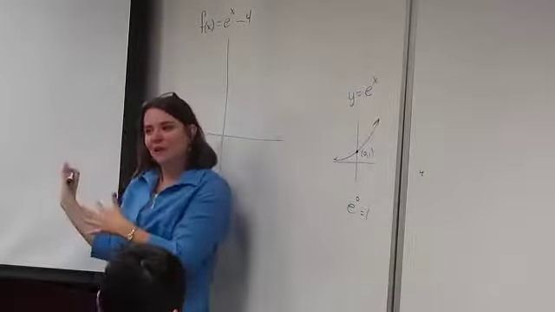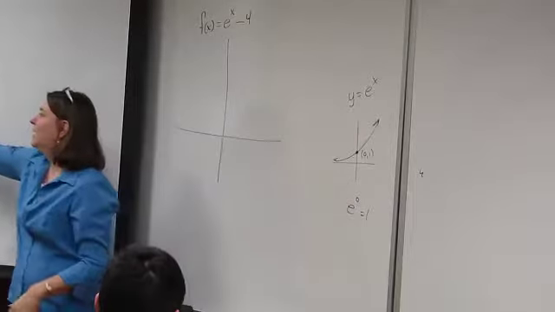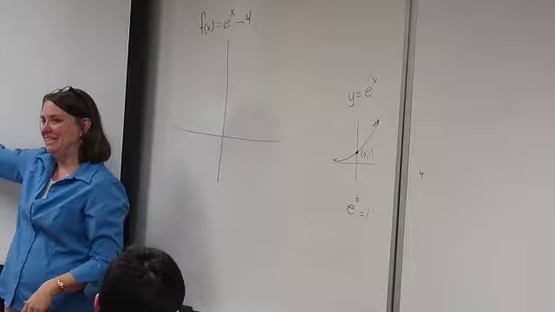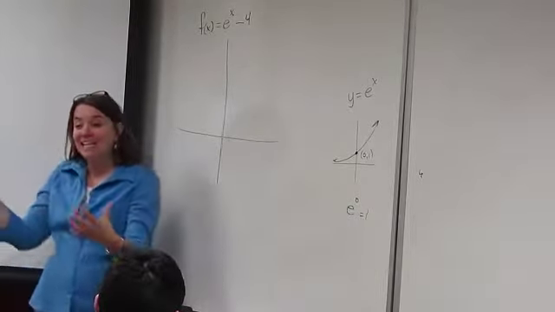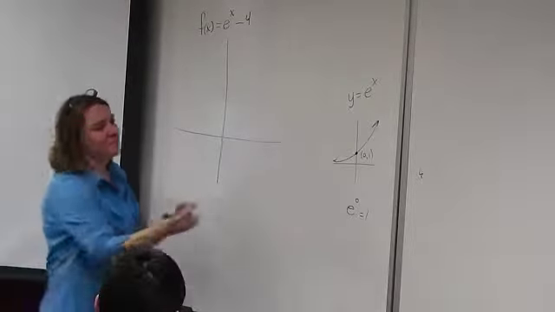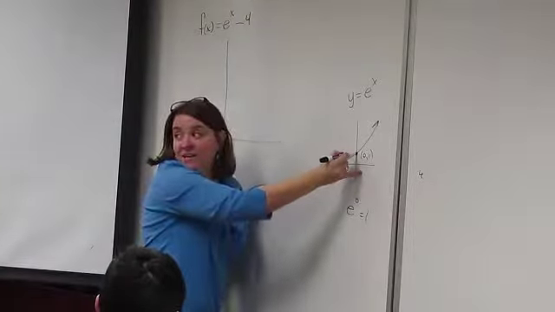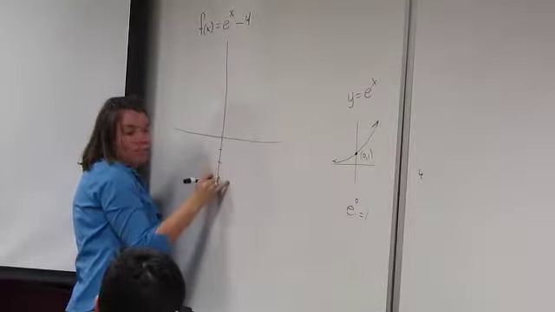So before we use the calculator, we know what e to the x looks like, and now we apply the transformation. What does the subtract 4 indicate? Down. So we're going to go from 1 down 4 units. 1, 2, 3, 4.